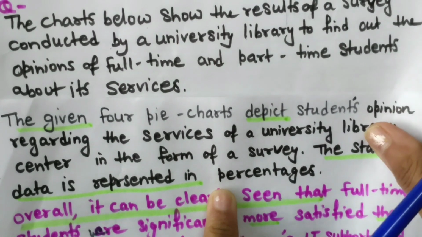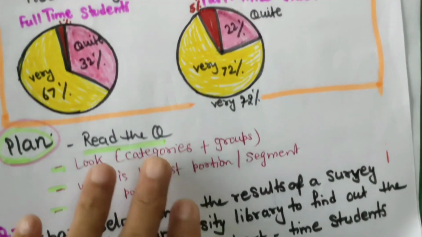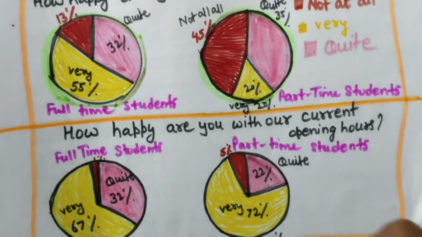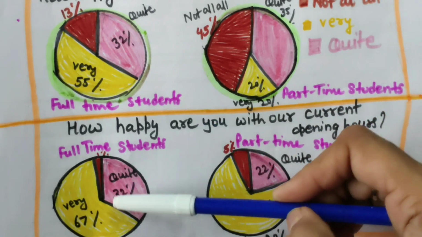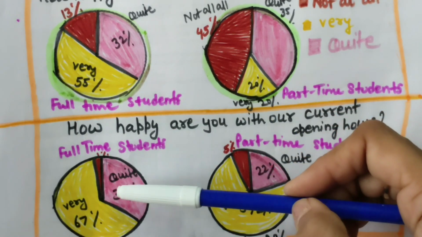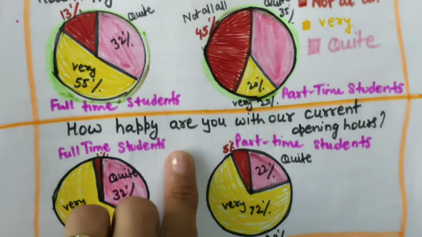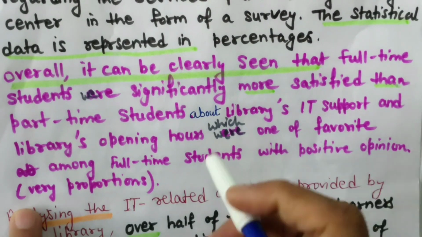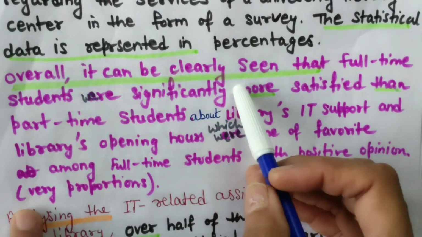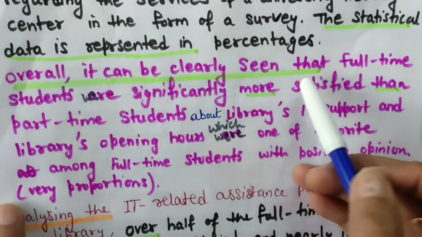Now the overall paragraph. So overall what we are going to write, overall we can say full-time students are more satisfied in both the services. Okay, so we will be writing like that. Let's see. Overall it can be clearly seen that, again this is a ready-made line, you can use it, there is no harm.